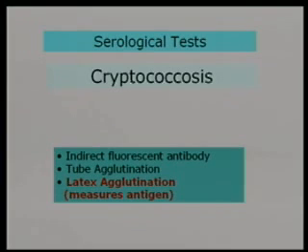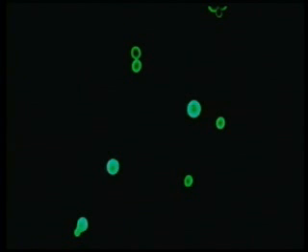It's used often now in place of the ink test because you can put it right onto the initial spinal fluid, get an antigen reaction, and report that back to the physician. That's an indirect fluorescent antibody. It's a yeast budding single bud with a narrow base.